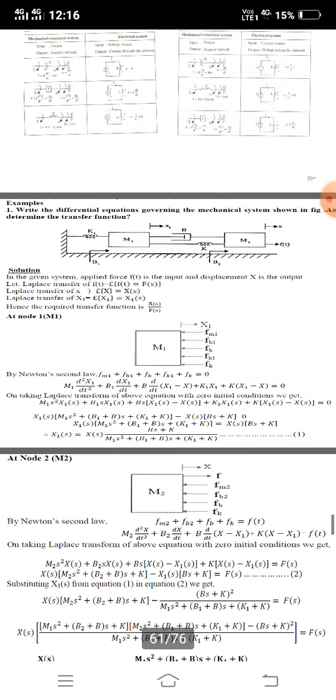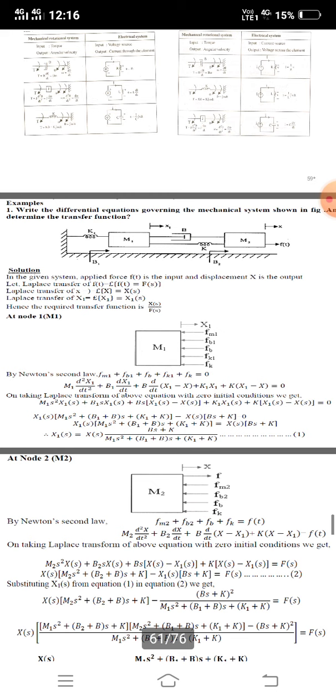Same like k, connected in between m1 and m2. So m1 has displacement x1, m2 has x. We give most preference to the m1 mass because we are looking at m1. So k into (x1 minus x) equal to 0.